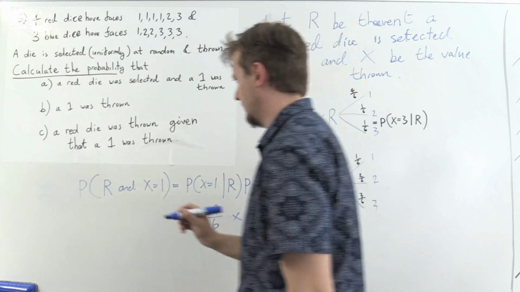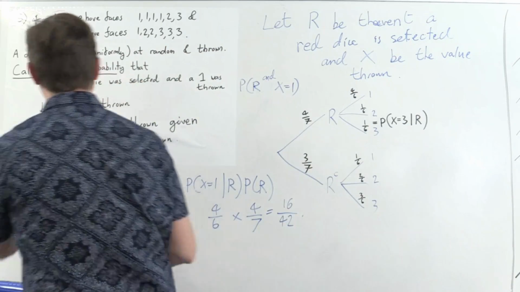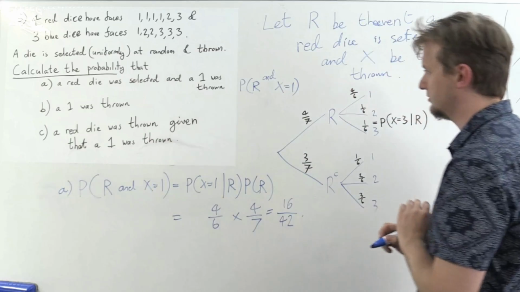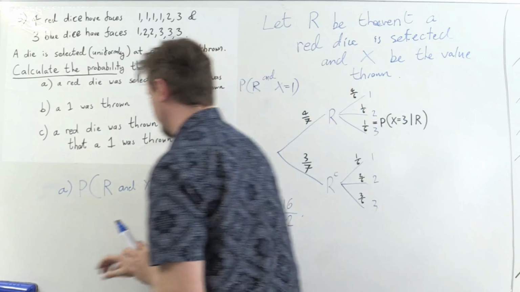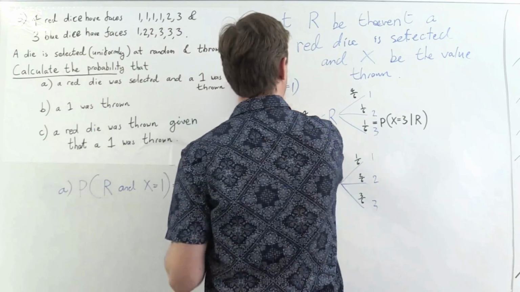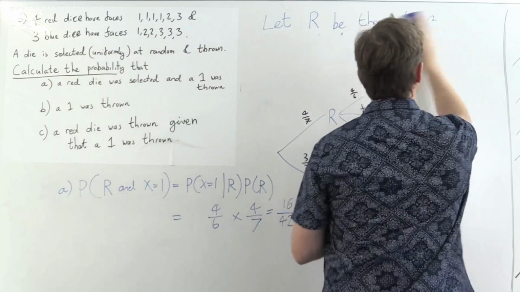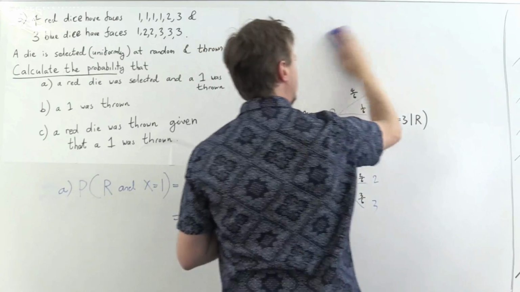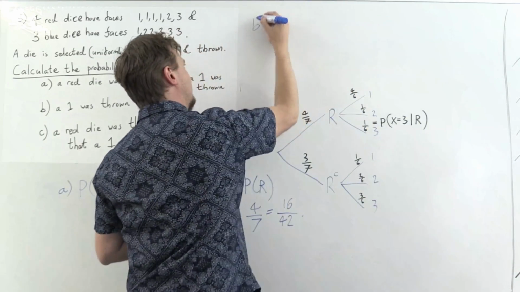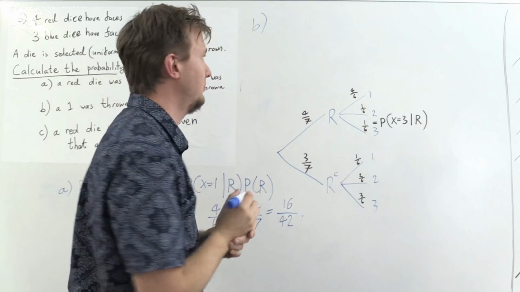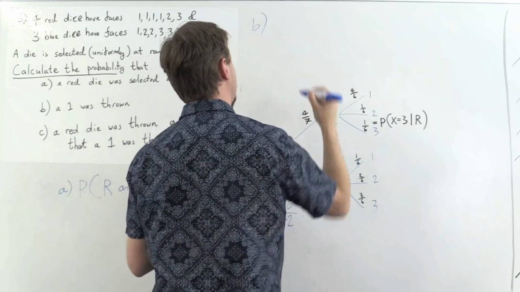Now, the next one we want is to work out the chance that we just throw a 1. So I'm going to erase this. And this is using the law of total probability. There are two ways you can throw a 1.